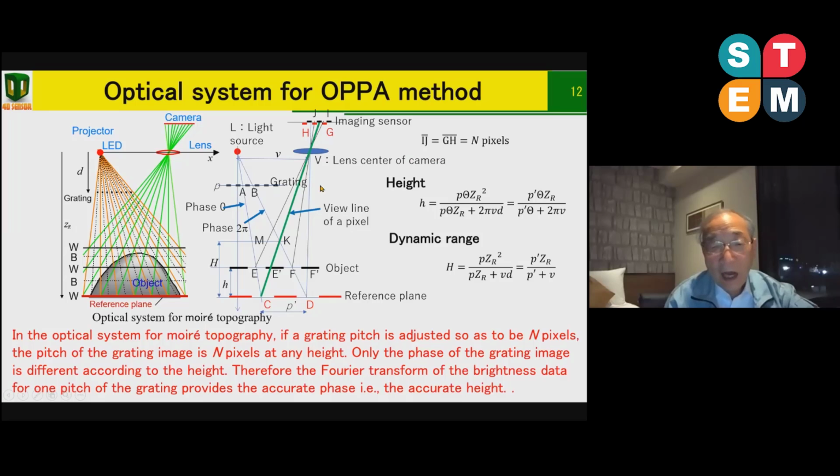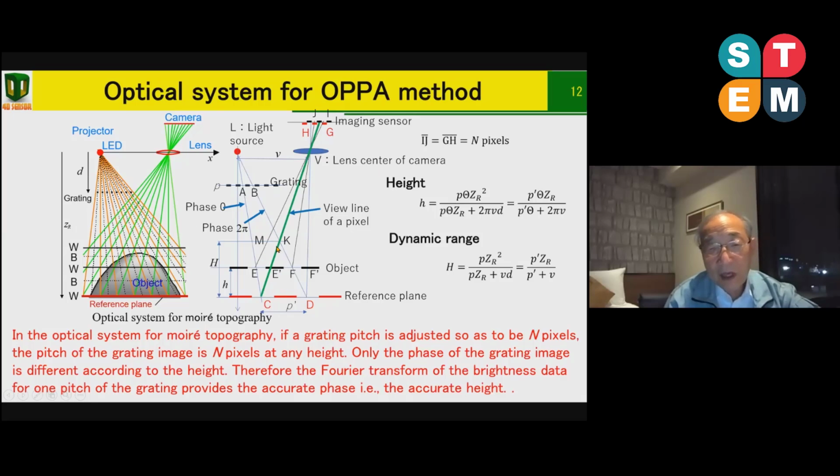So at first we adjust the one pitch to 9 pixels, for example. In our case, we use 9 pixels as the most popular number.